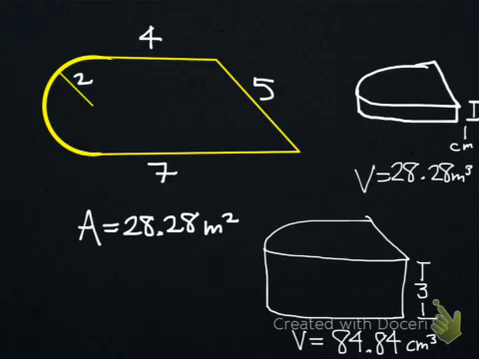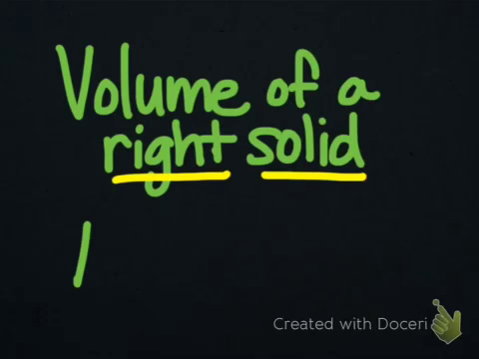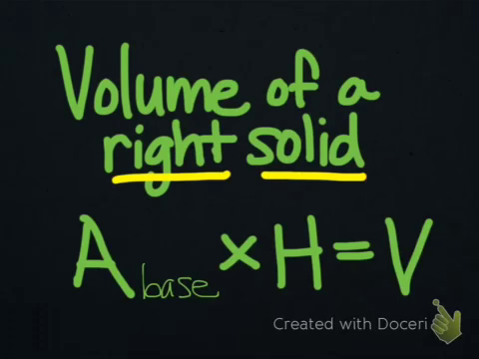If it's 3 centimeters tall, then we do the area of the base times the height, so it's 28.28 times 3, which gives us 84.84 cubic. In this case I wrote centimeters, but it looks like these should be centimeters up here. So cubic centimeters.